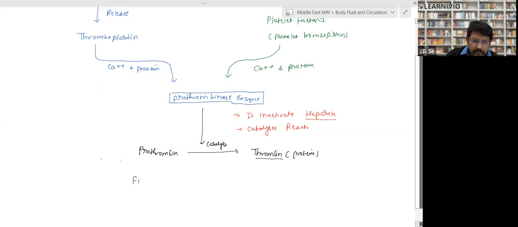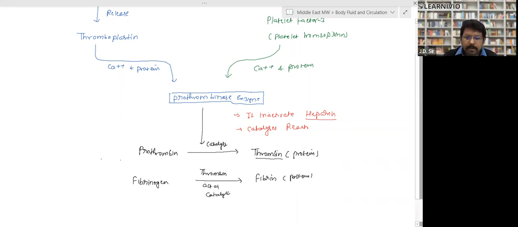It converts fibrinogen into fibrin. Fibrin is also a protein, a fibrous protein. Here thrombin acts as a catalyst.